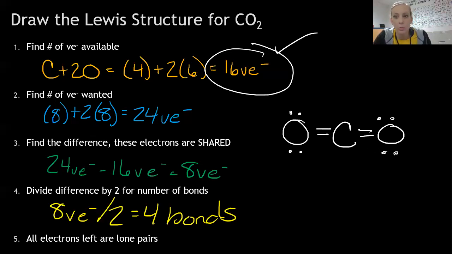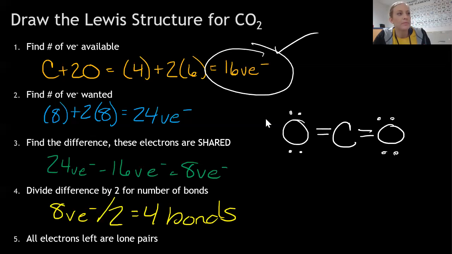And then it's a double bond because we have to share 8 electrons for everybody to be satisfied. So if we didn't double up, there would be no way for us to share 8 electrons to be satisfied. We wouldn't be able to make up the difference between what we have as a group and what we want as a whole. Does that make sense? So those were the 3 questions I think were in there.